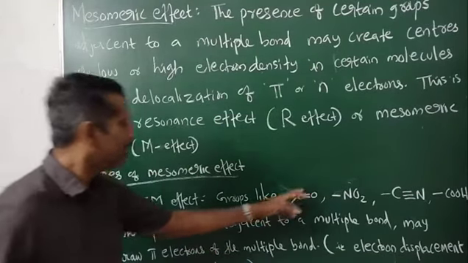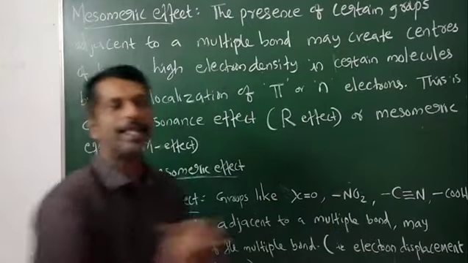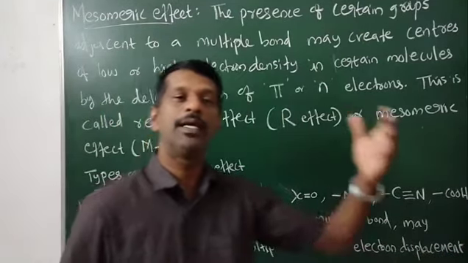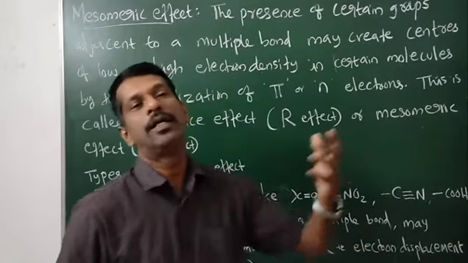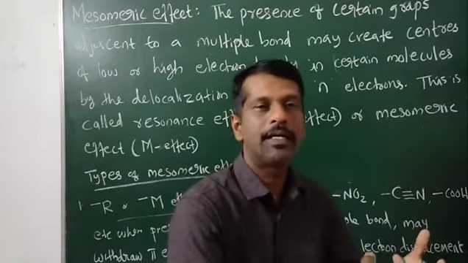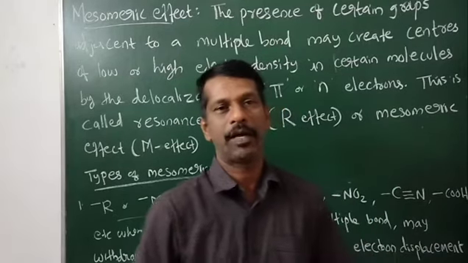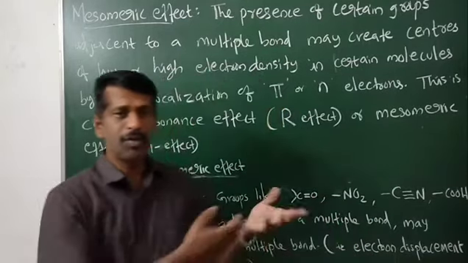That means these groups will withdraw the pi electrons from the double bond or triple bond. This is what is called minus R effect or minus M effect.